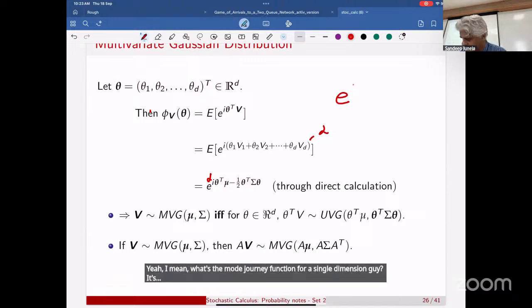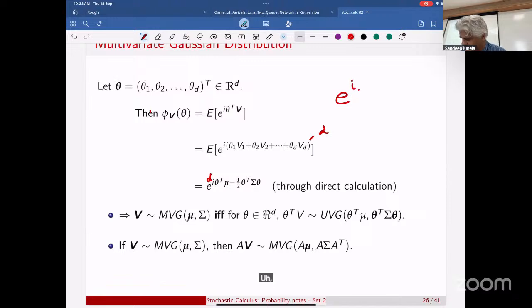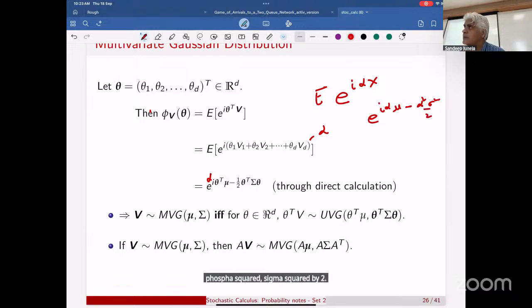I want to evaluate e to the power alpha x. X is Gaussian distributed. This should be e to the I times alpha mu minus alpha square sigma square by 2, right? So if I just multiply all the thetas by alpha, I'll get alpha here and I'll get alpha square here.